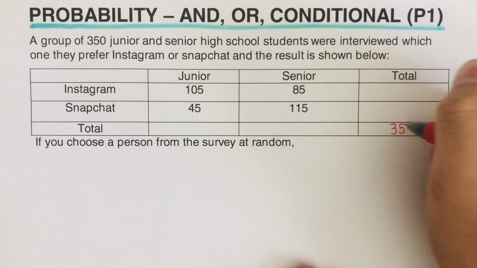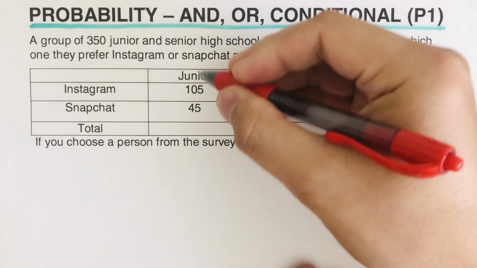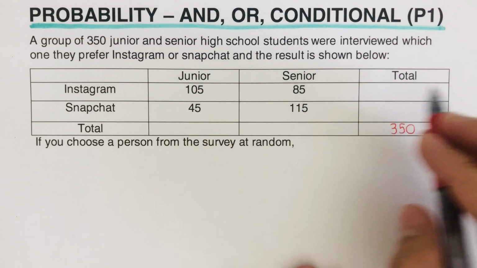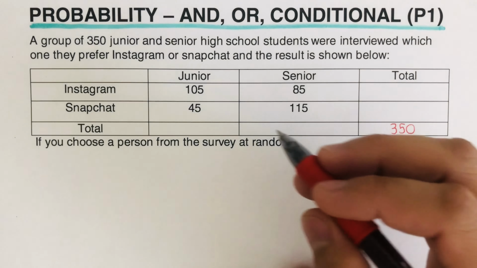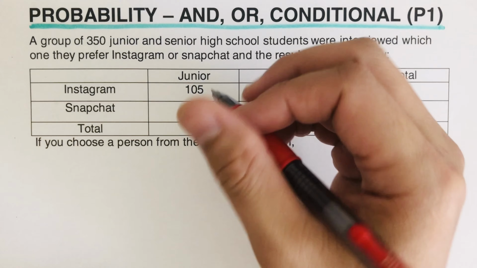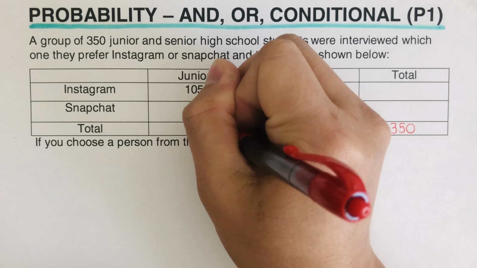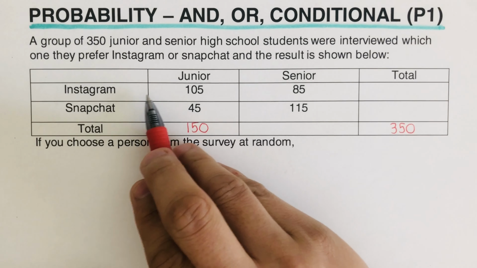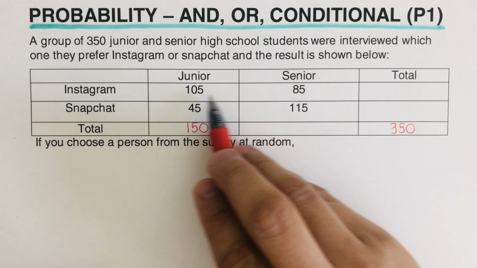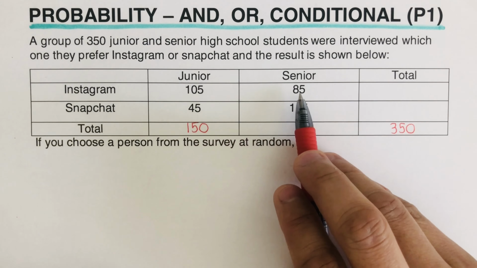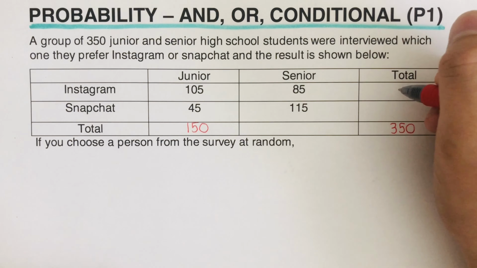Now we are going to determine the total for each of the columns and the total for each of the rows. So we start with the juniors. If we add 105 and 45, that should come out to 150. If we add this column right here, 105 plus 85 would be 190.